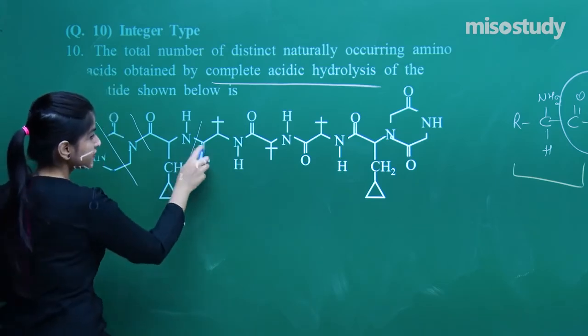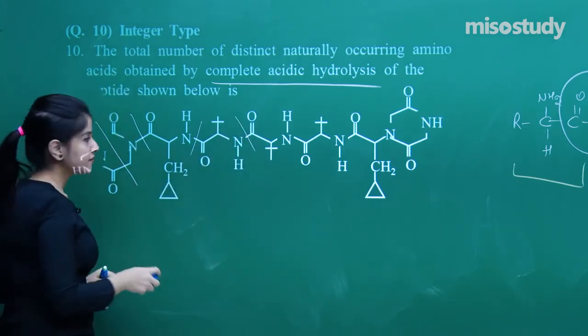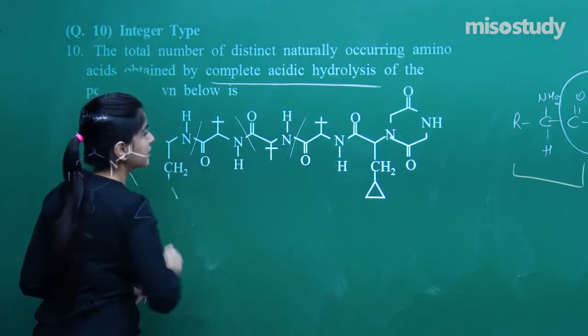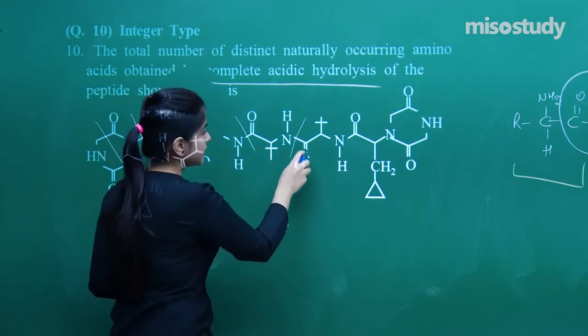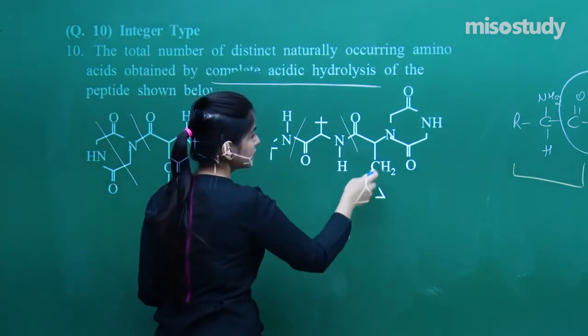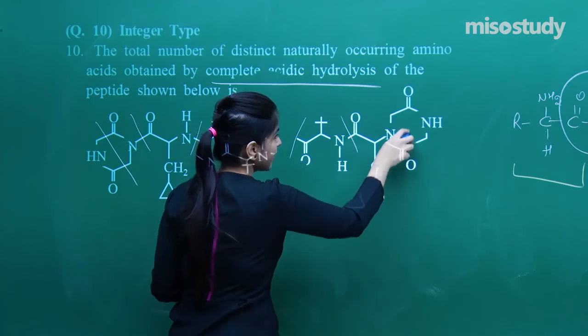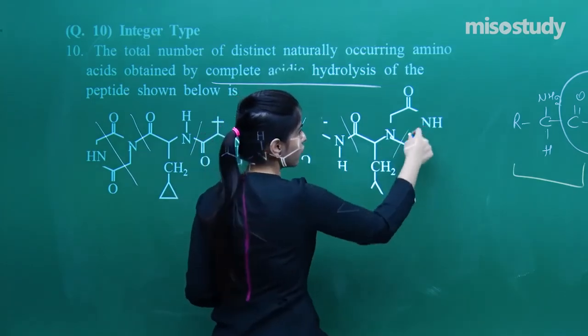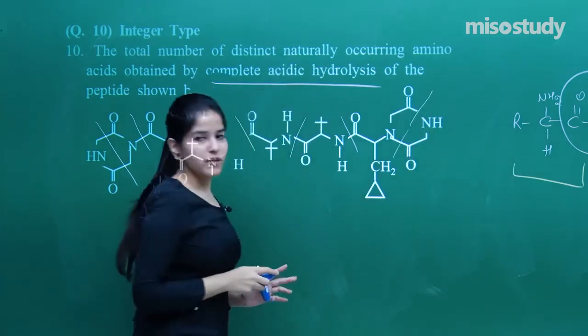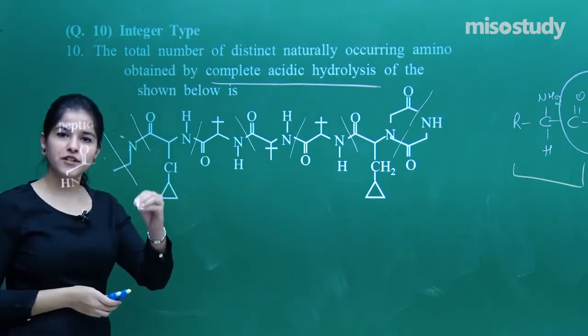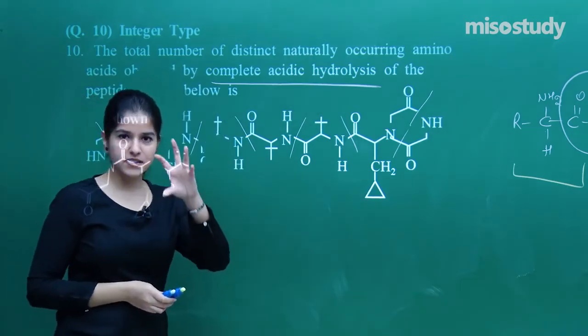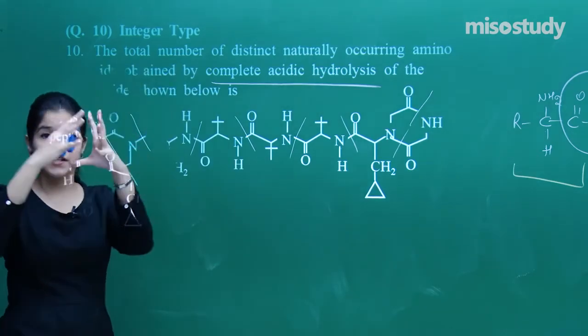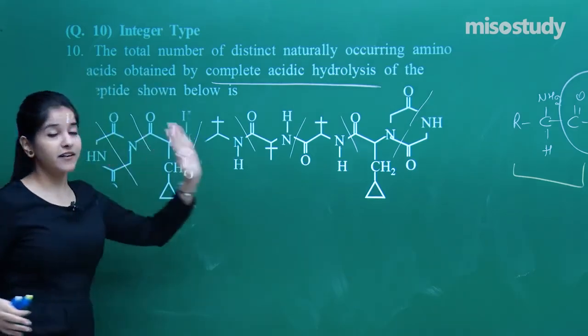Another one, another one, and another one. So that is how we find out the total number of amino acids which would have been joined to form this entire peptide.